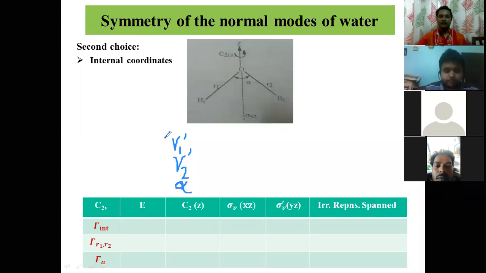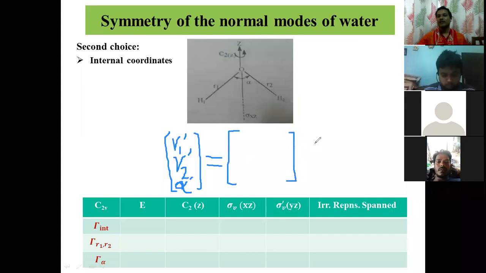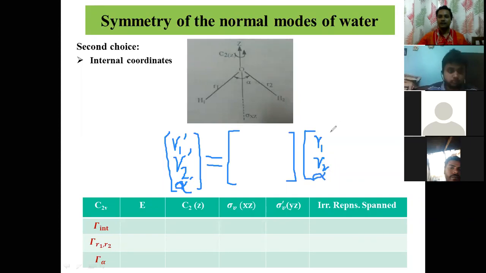So those are the new bond coordinates. This can be written in terms of the old ones, that means R1, R2, and alpha, but then I have to have a matrix which is something like an identity matrix, right? So this is going to be the old R1, R2, and alpha, right?